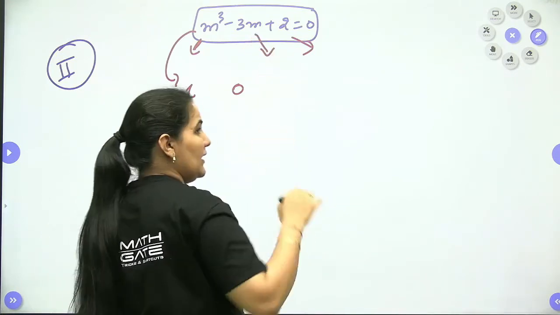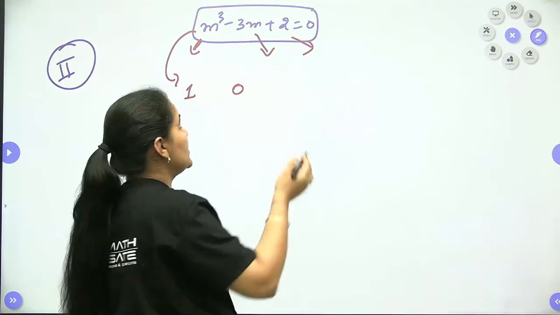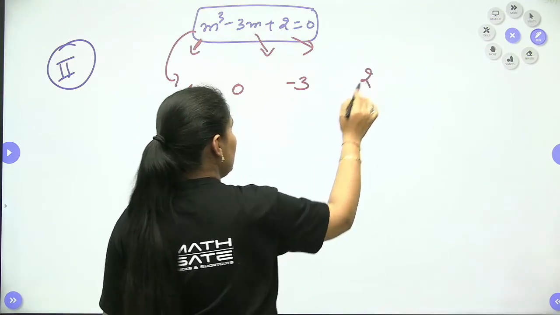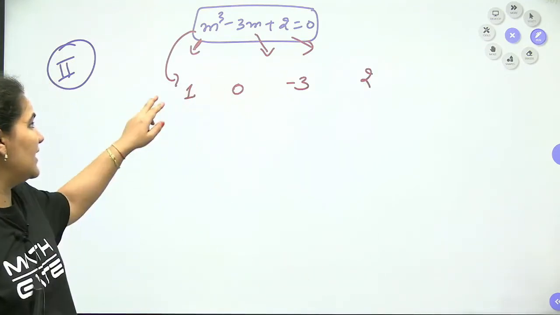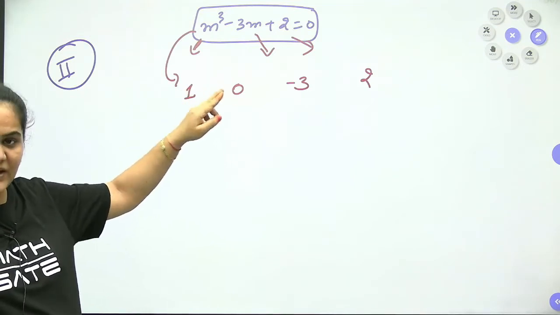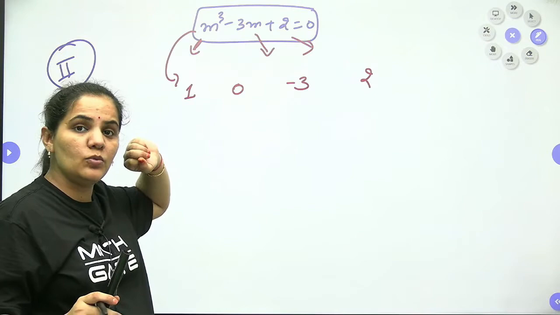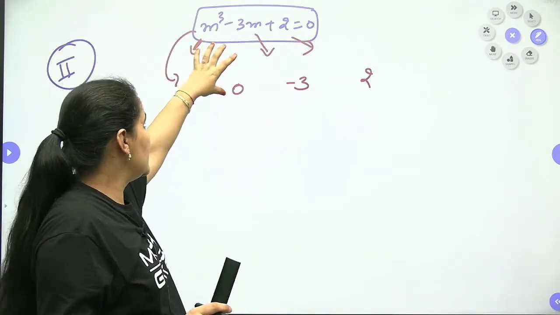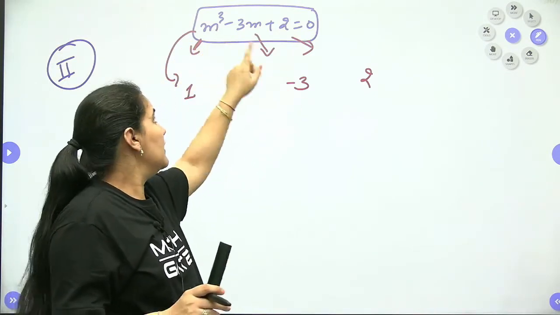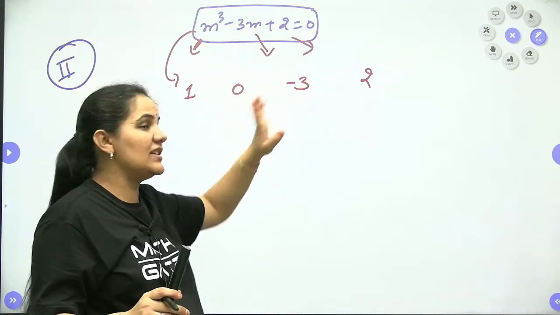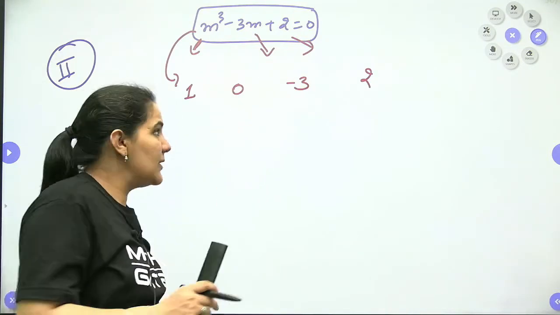Then the coefficient of the power 1 term is minus 3, and the constant is 2. So it is 1, 0, minus 3 and 2.